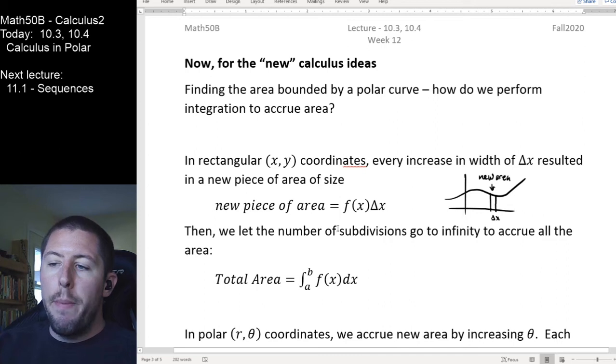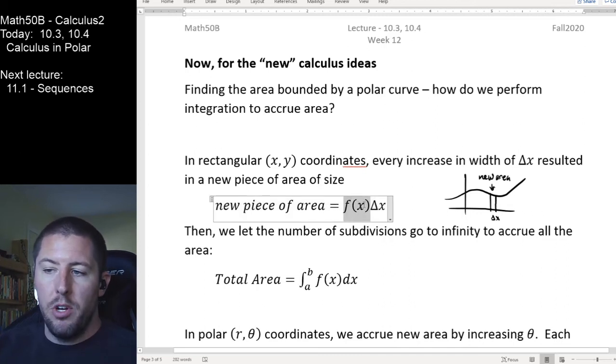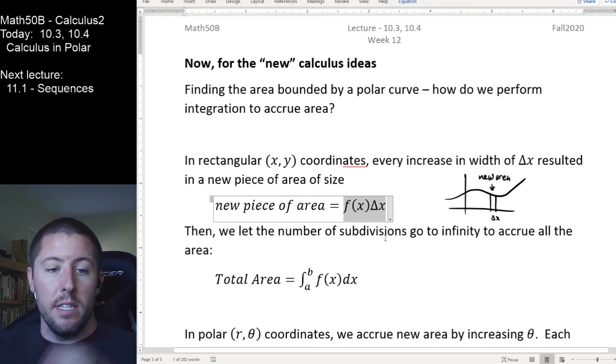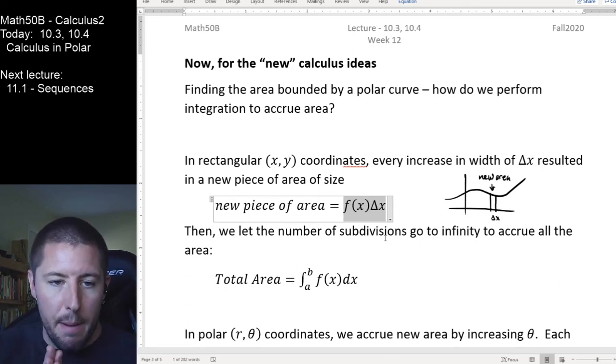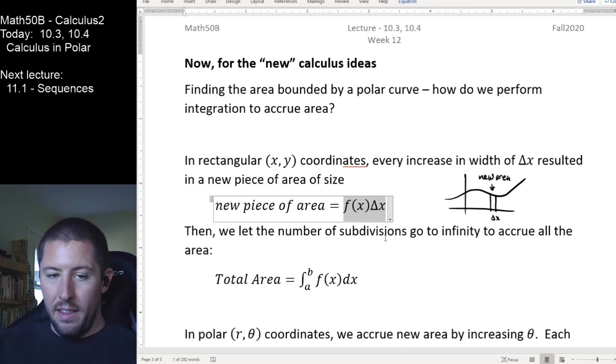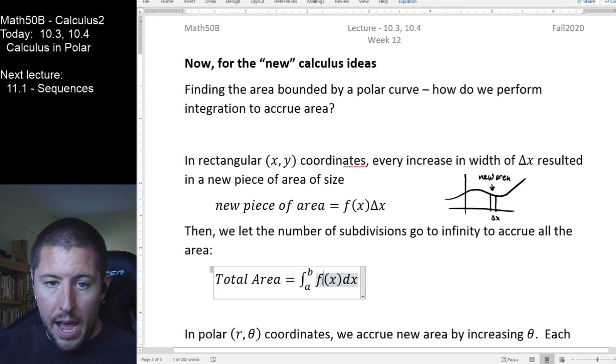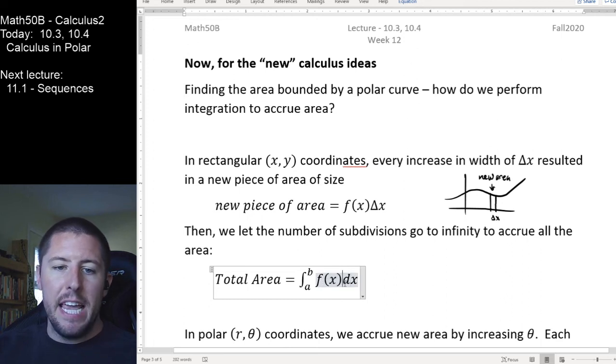And so our one piece of new area, a single rectangle's area, was f of x delta x. We let delta x go to 0 by letting our subdivision number go to infinity. And this said, now add up all of these rectangles with the height of f of x and a width of the infinitely narrow dx right there, right?